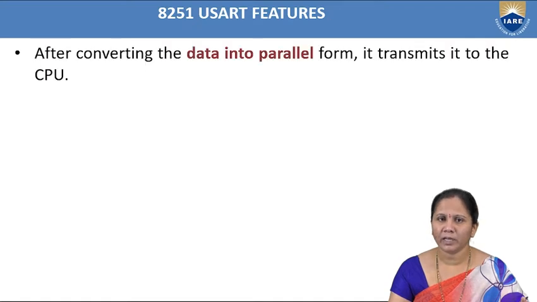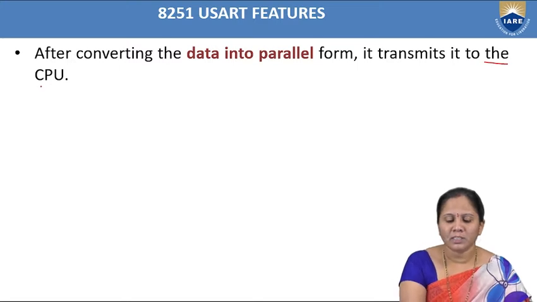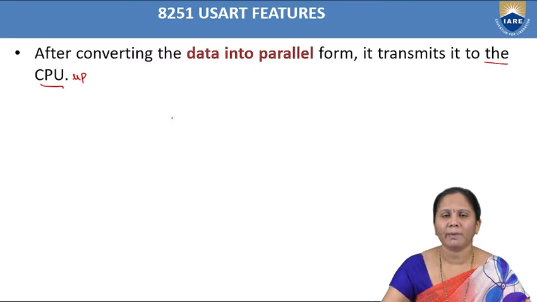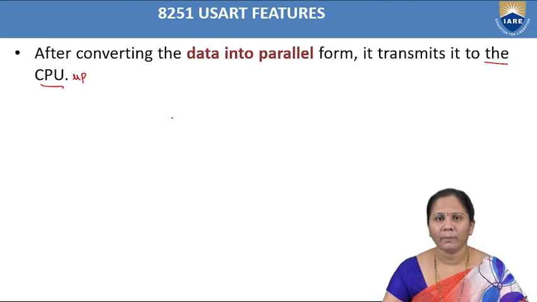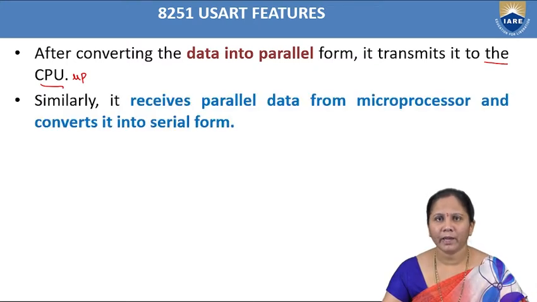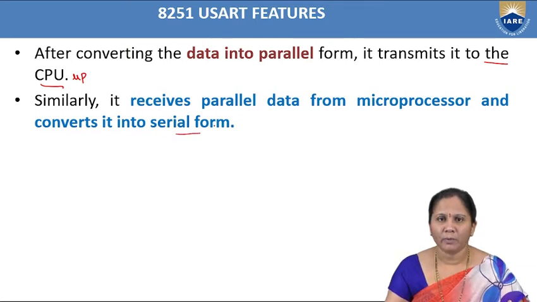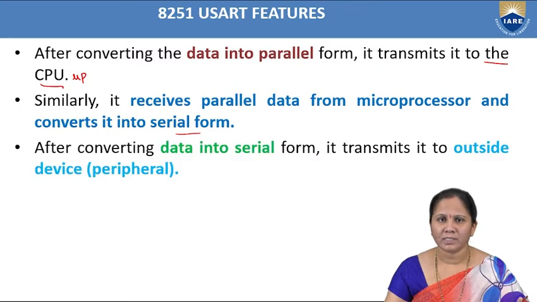After converting, it is given to the CPU, that is the microprocessor. The microprocessor performs some operations on the received parallel data and converts it into serial form. Then that serial data is given to the IO devices, which we can also call peripheral devices.